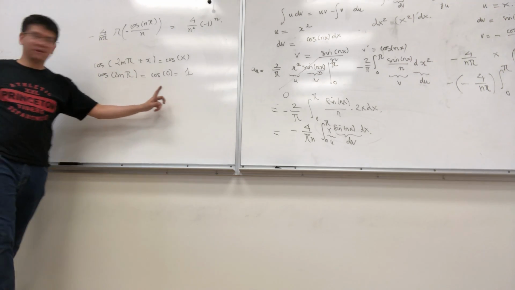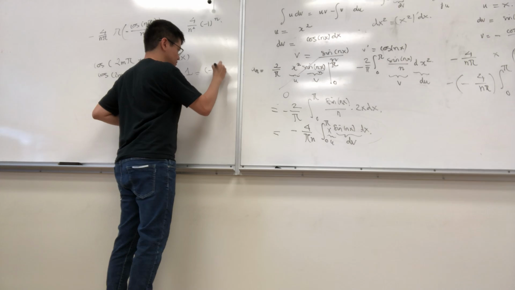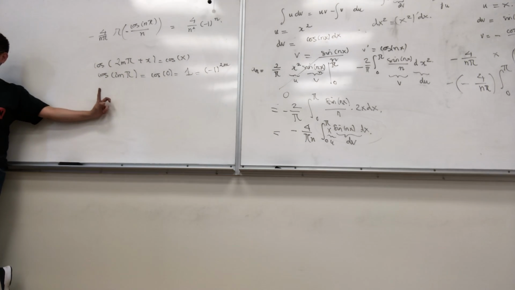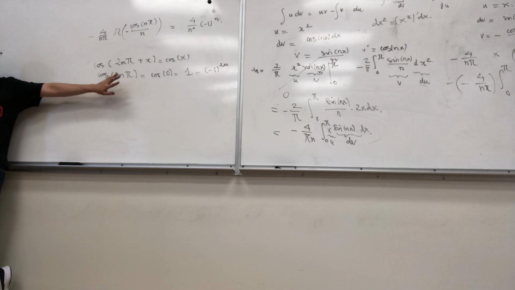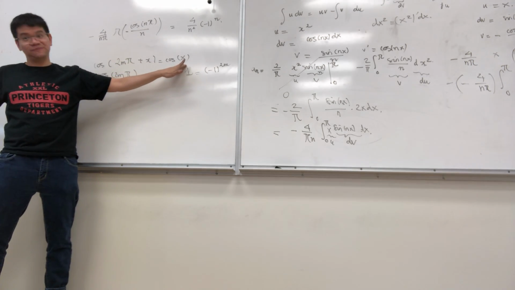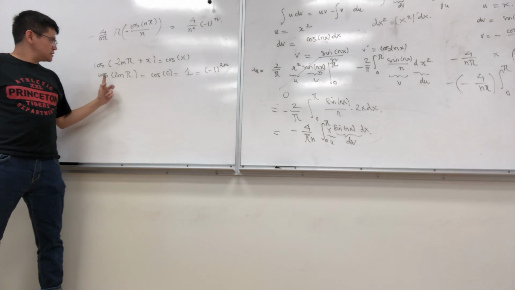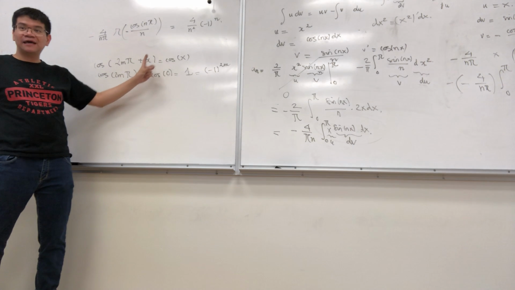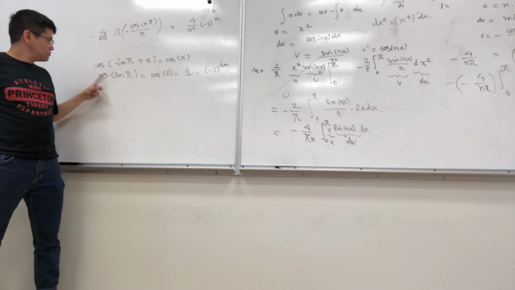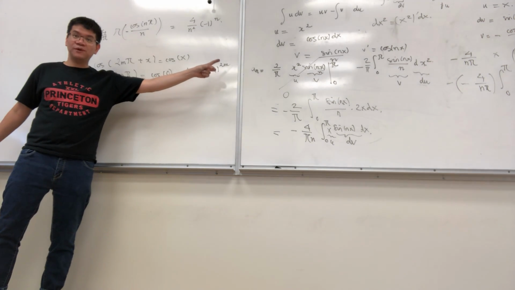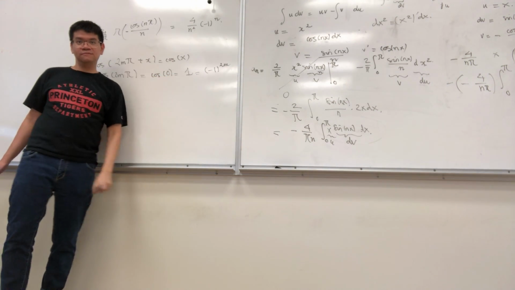And 1 is what? 1 is minus 1 to the power 2m. Right? So the key is that you remember this and you remember what is cosine of 0. So cosine of 2m pi plus x is cosine of x. If you replace x to be 0, you're going to have cosine of 2m pi is cosine of 0, and this is minus 1 to the power 2m because this is an even function.